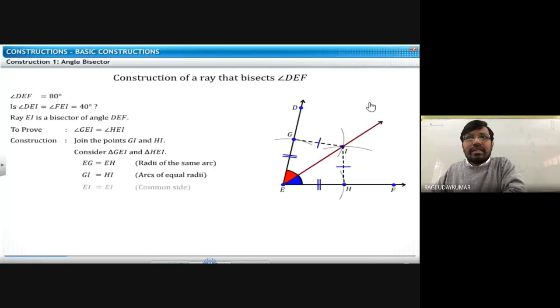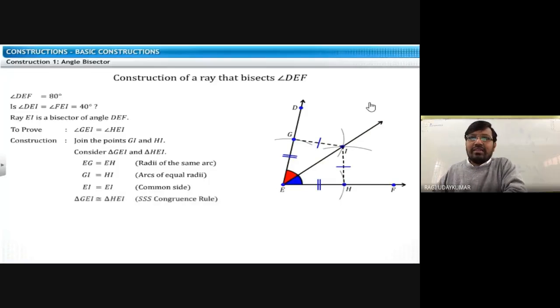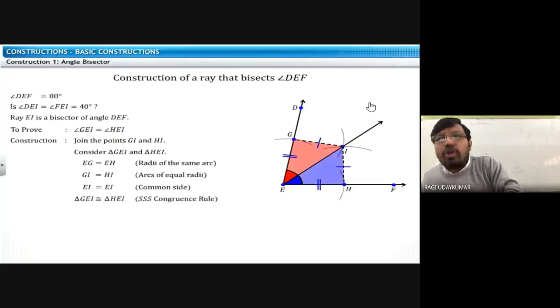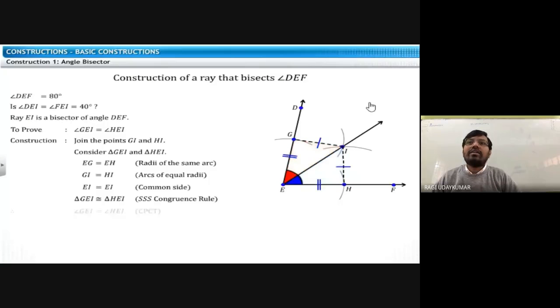So GI length, HI length will also be equal. And EI is common in both the triangles. So therefore by SSS congruency, the two triangles are congruent. Then the two angles GEI, HEI are equal angles by CPCT.